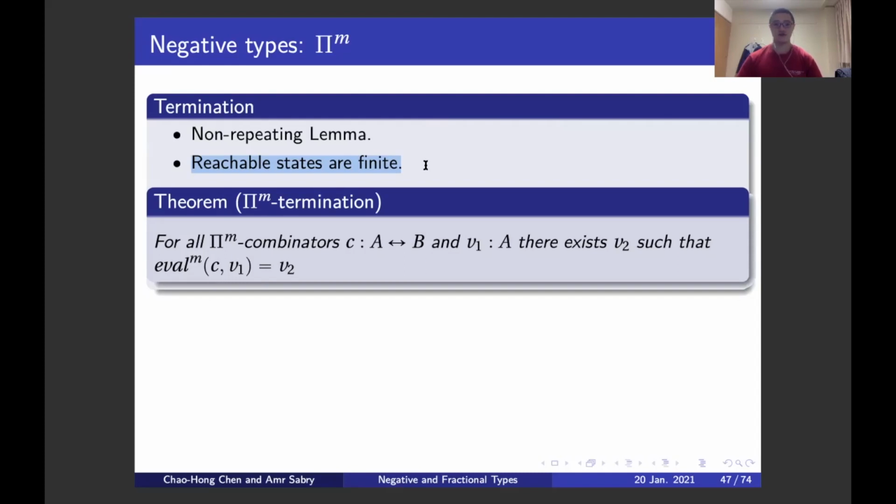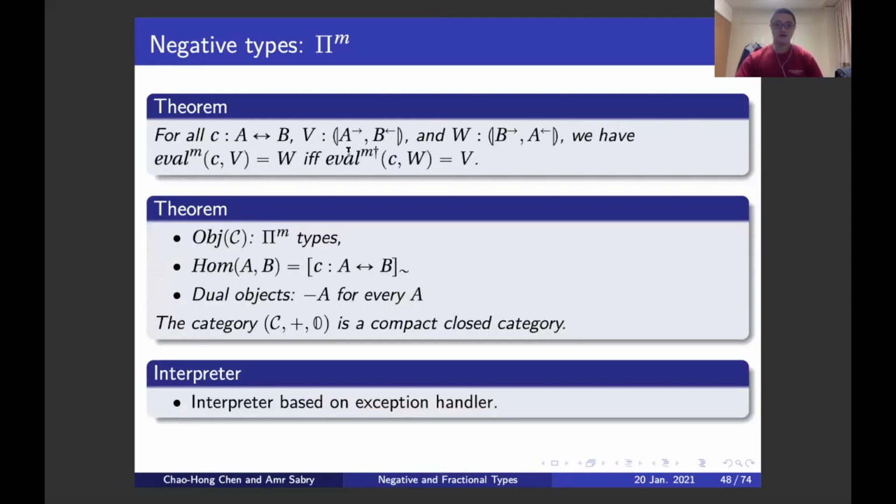So the whole reachable state space is finite. That means every execution is terminating, and this is indeed a total function. Similarly, we can also define this inverse evaluation, and we can prove that they are actually inverses of each other. So this is actually reversible.